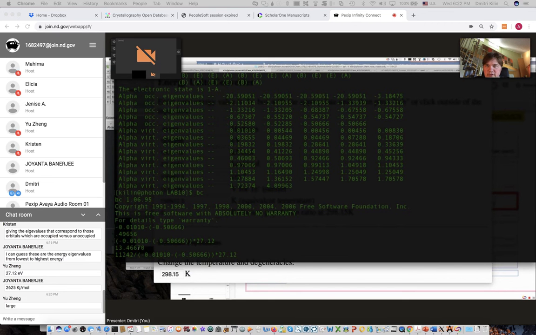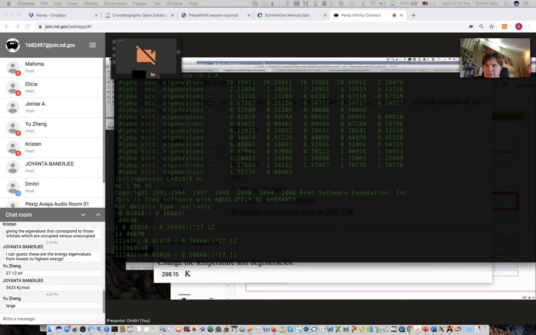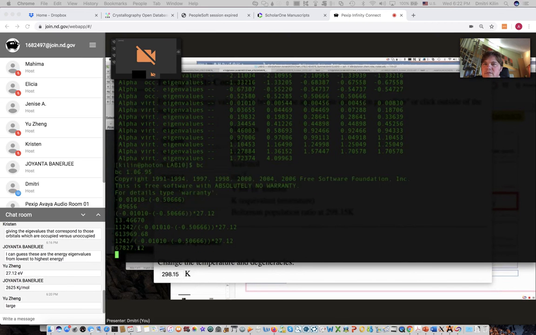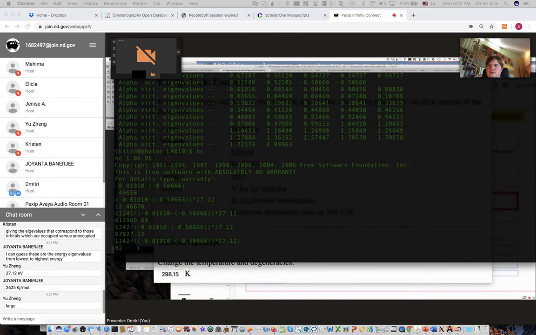So this 13 electron volts is like 92 nanometers.